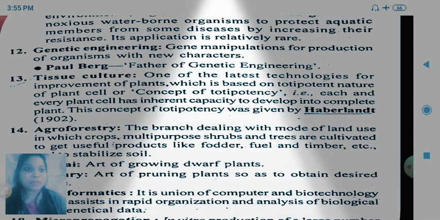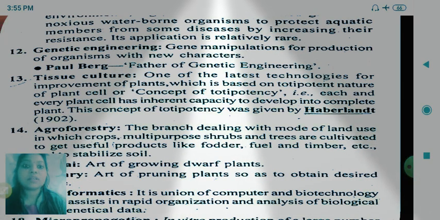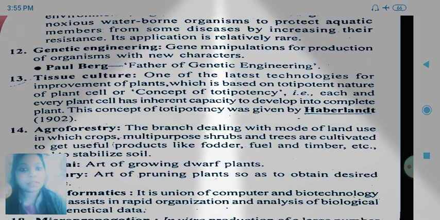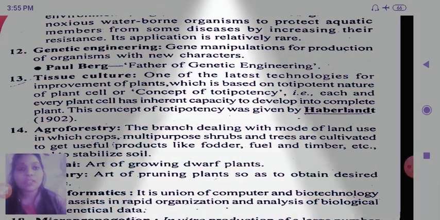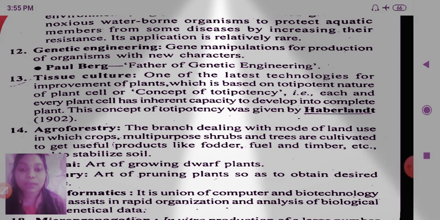What do I mean by totipotency? Totipotency means one cell has the capacity to develop all the organs of a whole plant. A totipotent cell is the type of cell which has the capability to produce leaves, stem, roots, fruits and flowers.